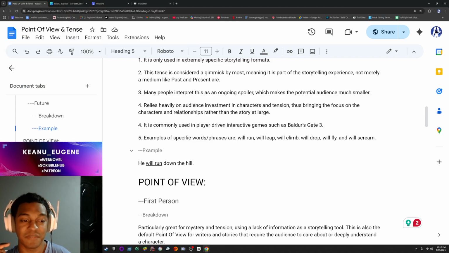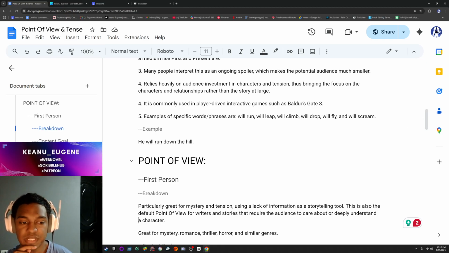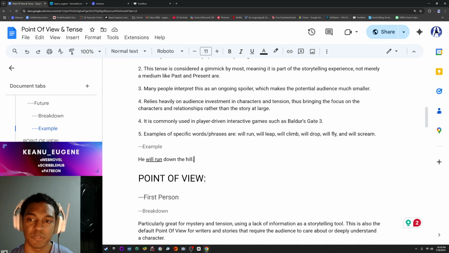It relies heavily on audience investment in characters and tension. It brings the focus more on character relationships than the story at large. This is what I mentioned earlier, right? Future tense relies on you doing the foundation. If you use it in one specific scene within your book, it relies on you laying the foundation for people to care about this event unfolding.